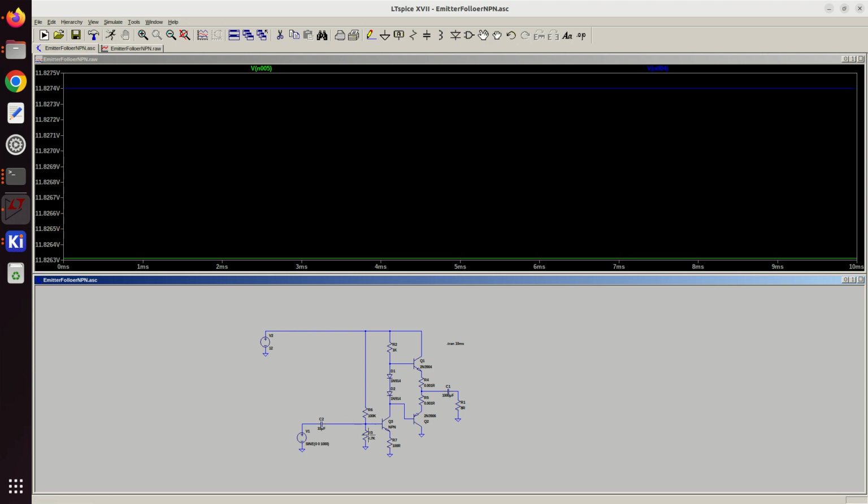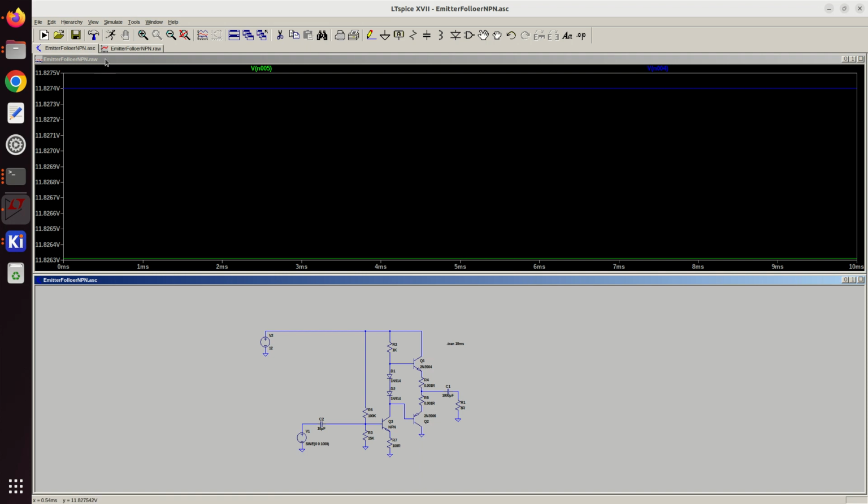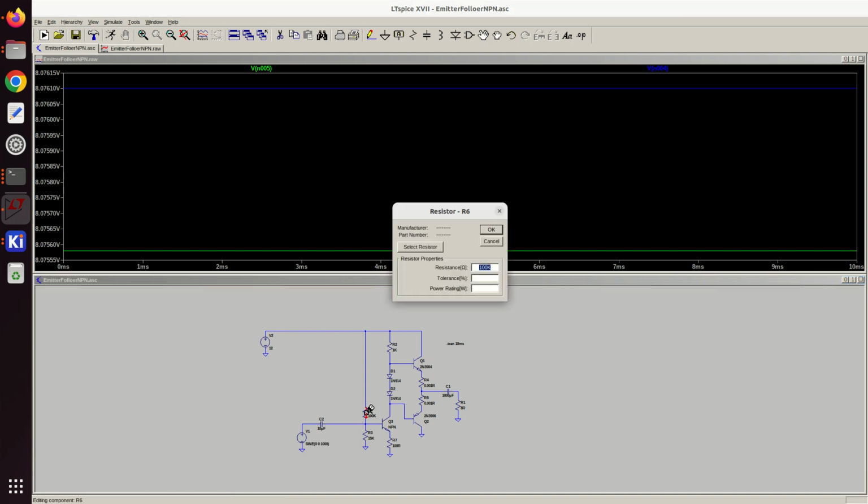That's gone, I've gone the wrong way. So let's do 15k. Okay, so we're getting there. So let's make this 82k.